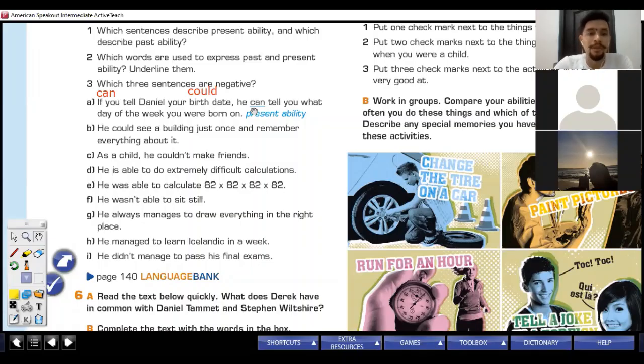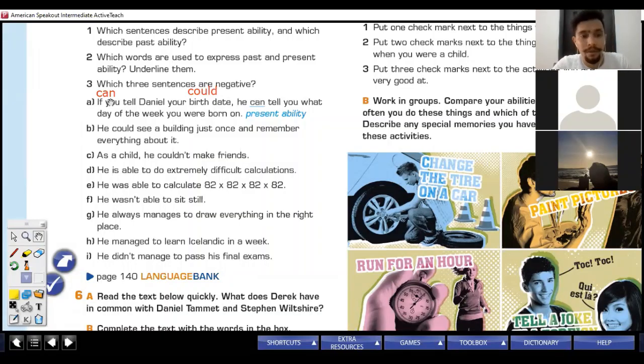All right. The first one is already done, but let's read it anyways. If I tell Daniel your birth date, he can tell you what day of the week you were born on. Present ability, because we're using can, the normal word for talking about abilities, right?